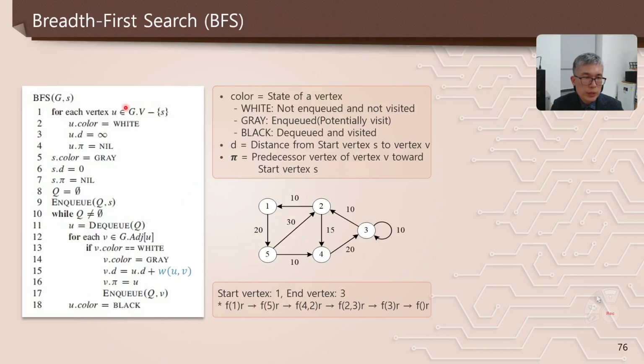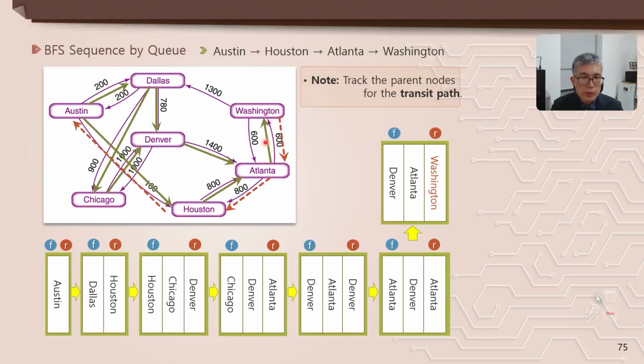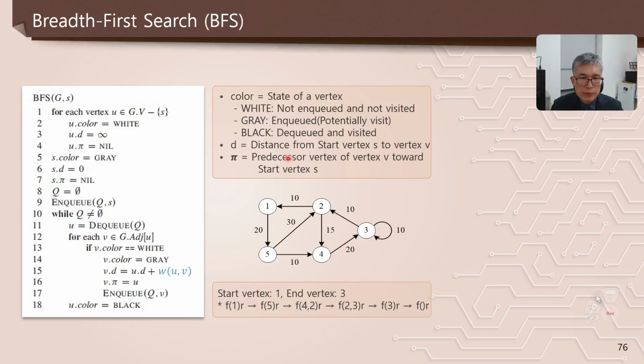Okay, here we are using the detailed pseudocode. I will not go into detail on this one, but you can take a look. This is a directed graph, and the previous one was also a directed graph. Each vertex can be initialized: color is white, the start is gray, the start's distance is zero and the others are infinite.